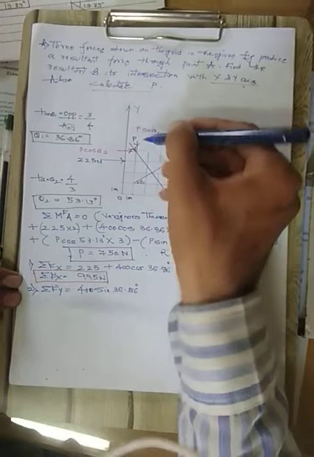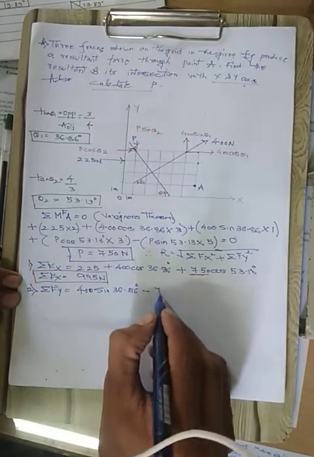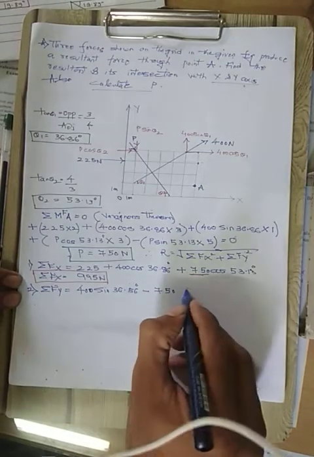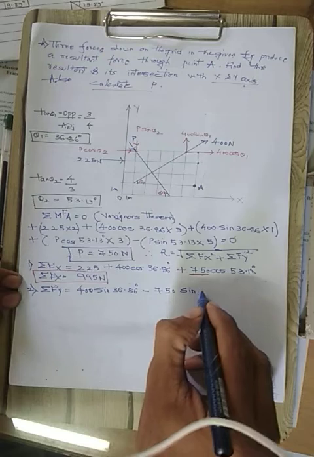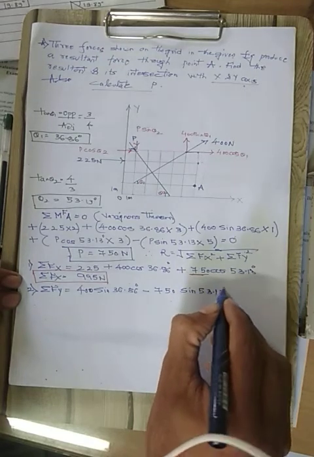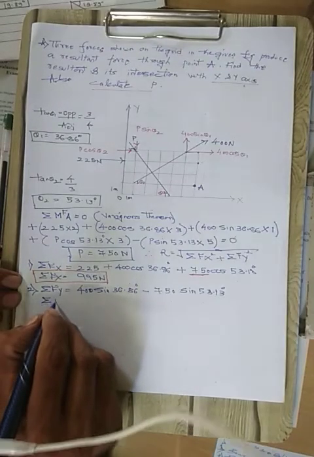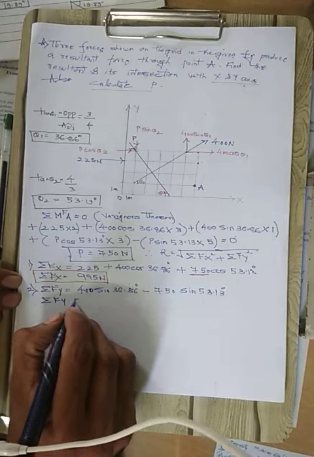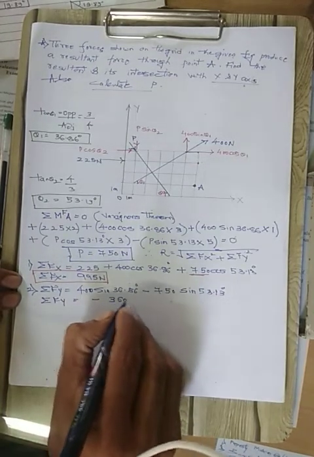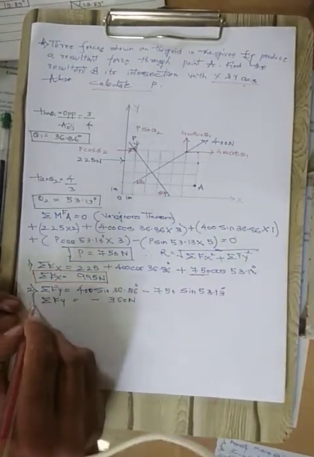Next is the downward direction, minus P, which we have just calculated as 750, and sine of theta 2, the sine of 53.13 degrees. So the Fy component comes to be minus 360 newtons.